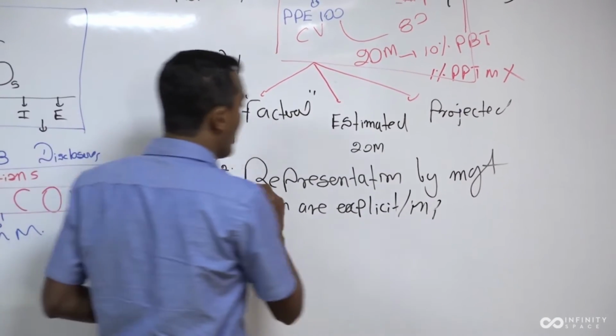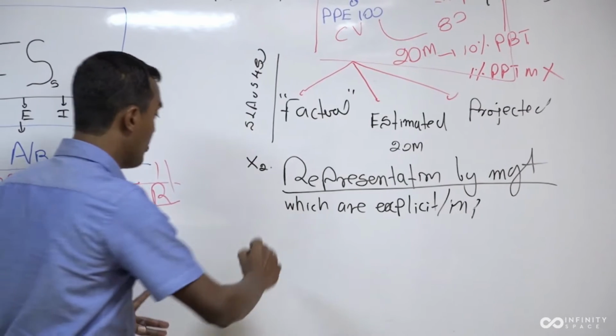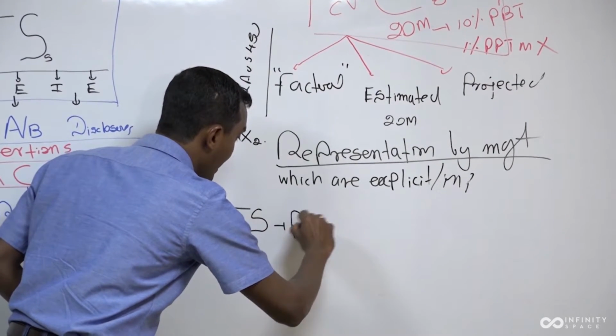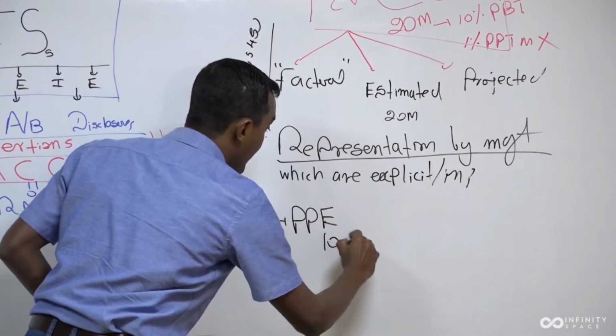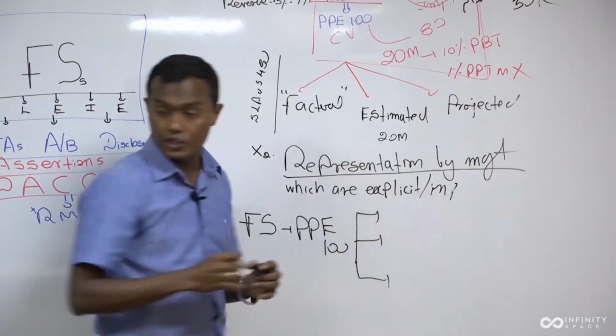So I only highlight one word, representation by management, which means when management prepare financial statements, when they say property, plant and equipment is 100 million, they are saying all of this, and I want your careful attention to this.